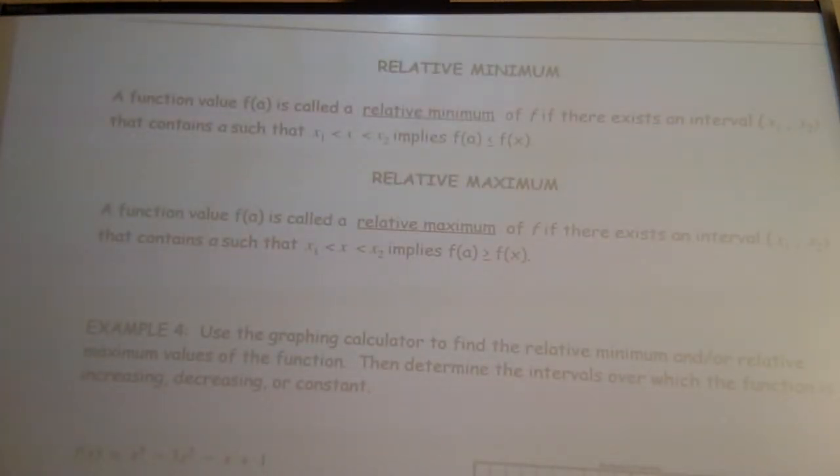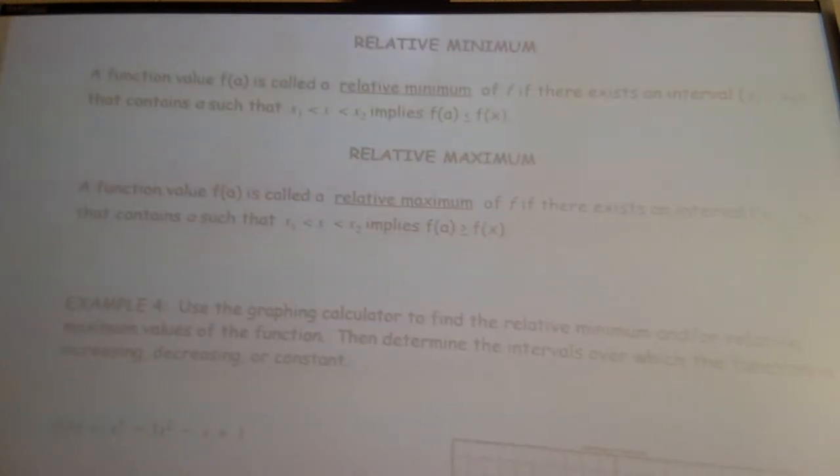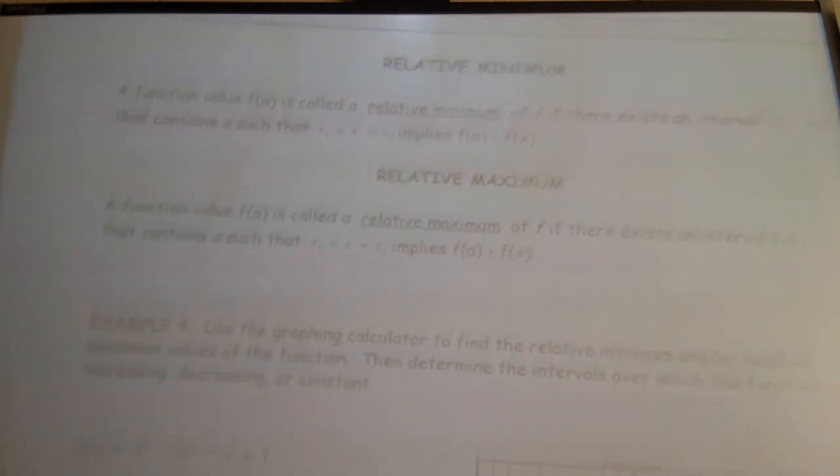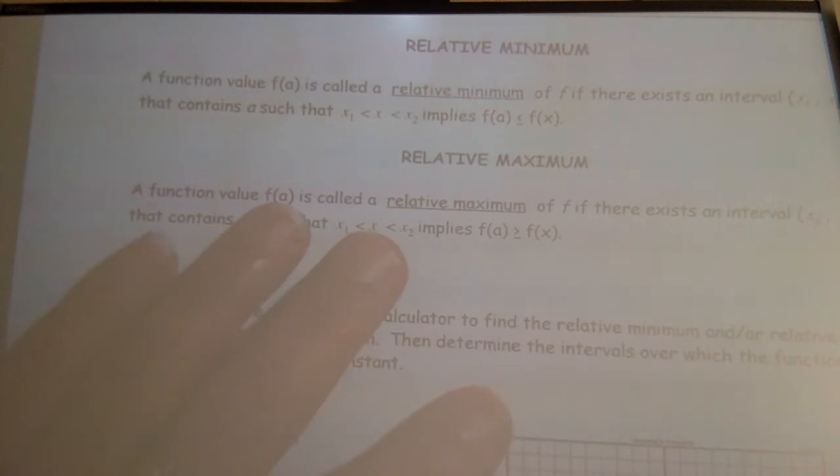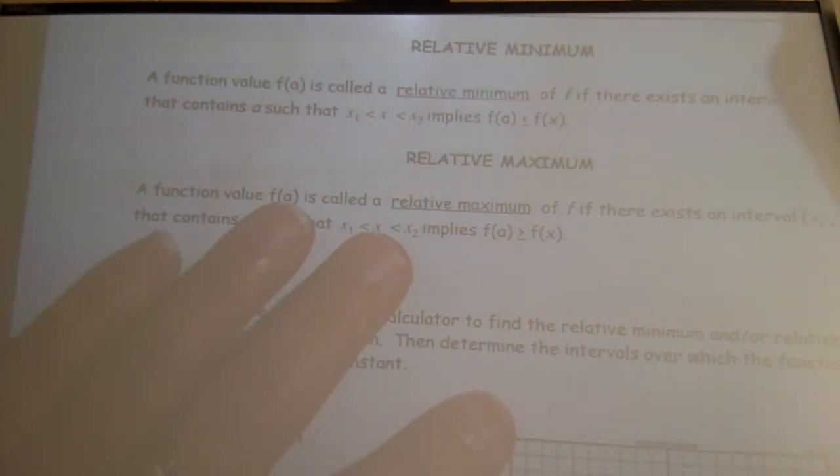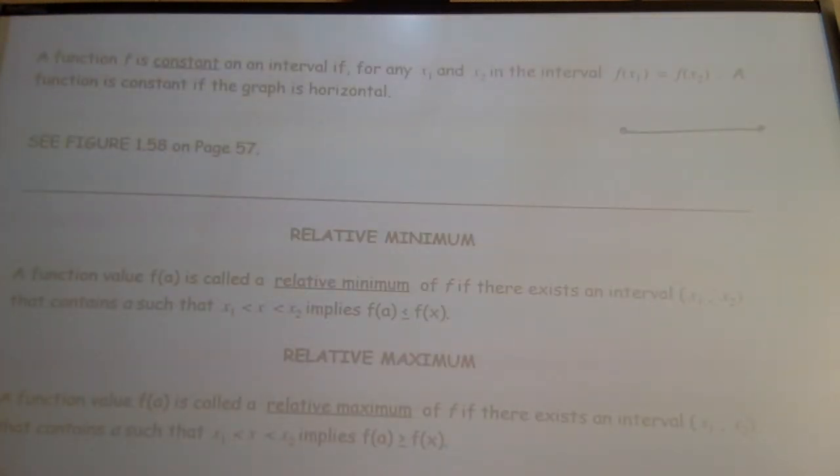A function is constant on an interval if f of x1 equals f of x2. Constant means it's a horizontal line. All right?